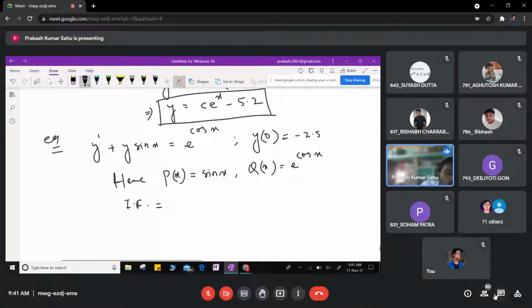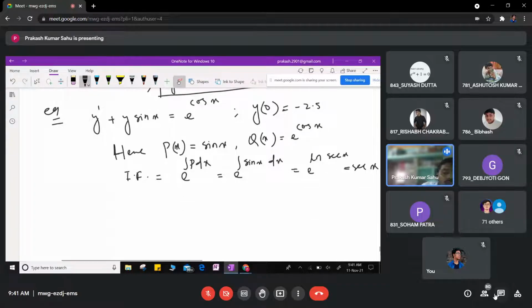The integrating factor is e to the power integration p dx, which is nothing but integration sin x dx. And what is the integration of this? E to the power ln sec x, which is nothing but sec x. Is it correct? Yes, sir. Okay, so this is sec x.